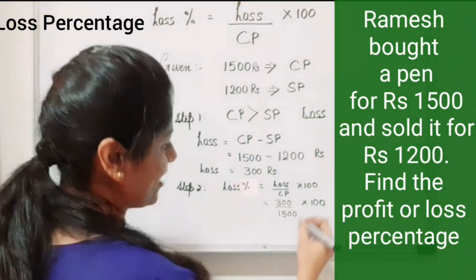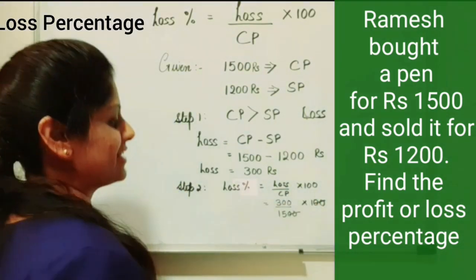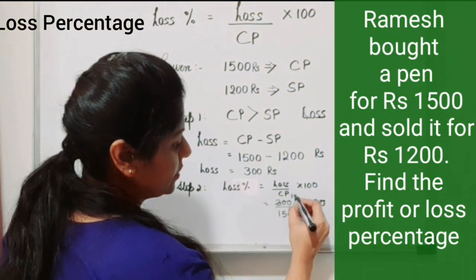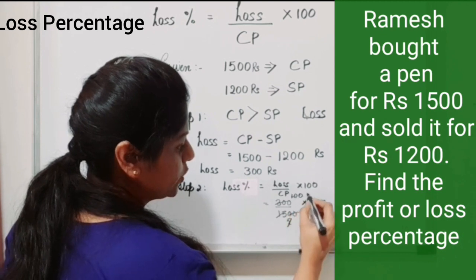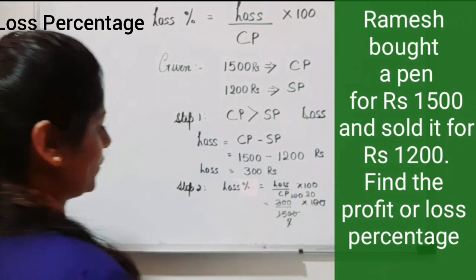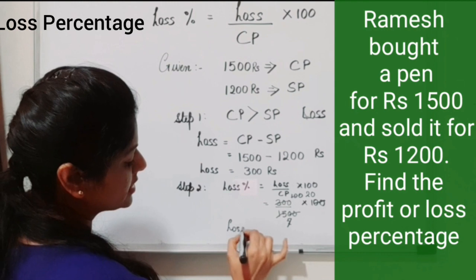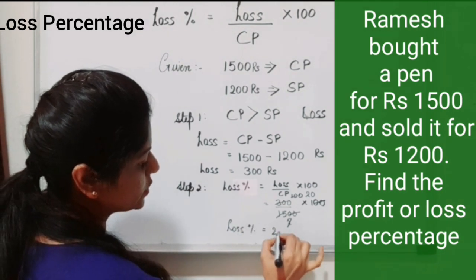So, let's cancel and find the value. So, 0, 0 gets cancelled and we know 3 1s are 3, 3 5s are 15 and 5 2s are 10, and we have a 0. Therefore, loss percentage is equal to 20%.